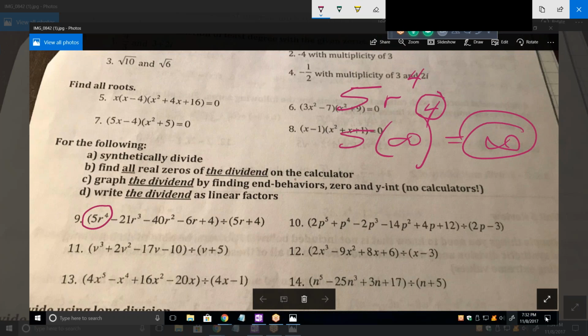Okay? So if I'm going to try to graph this just based on end behavior, well, I know I come from positive infinity and I go out to positive infinity. So that's the beginnings of the graph. And the zeros, well, we had three other zeros.